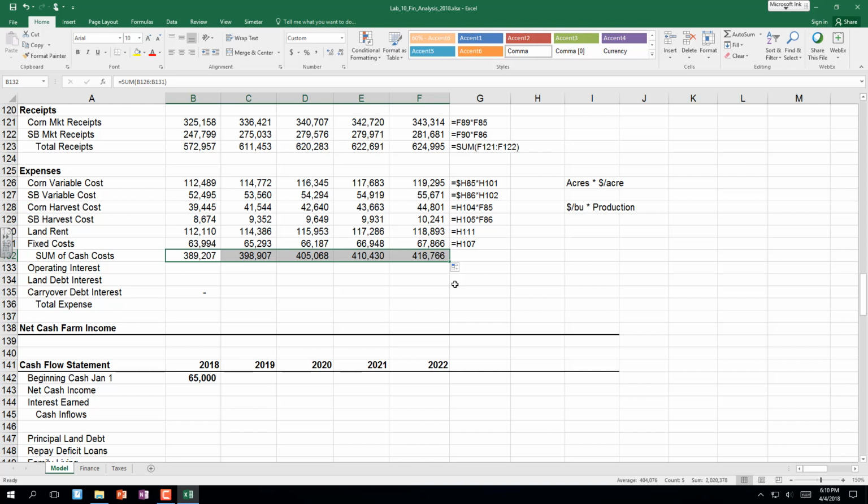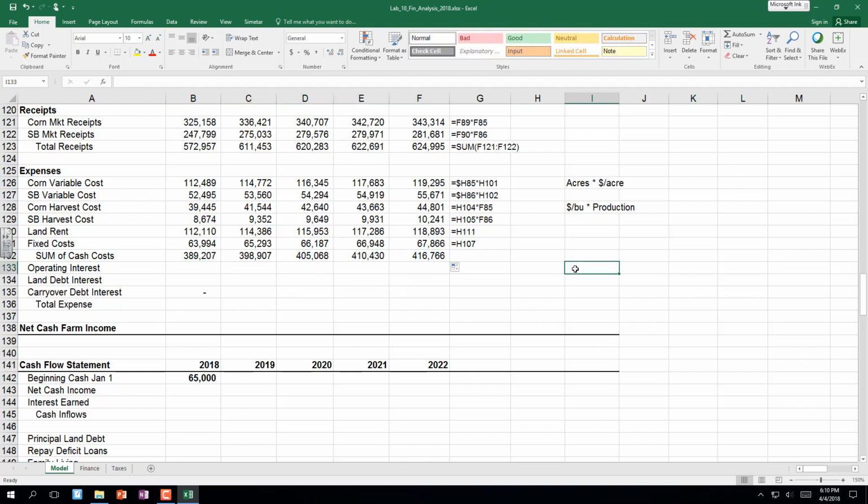Now we have to calculate operating interest. The operating interest is the local interest rate times the sum of cash costs times a fraction of the year the loan is used.